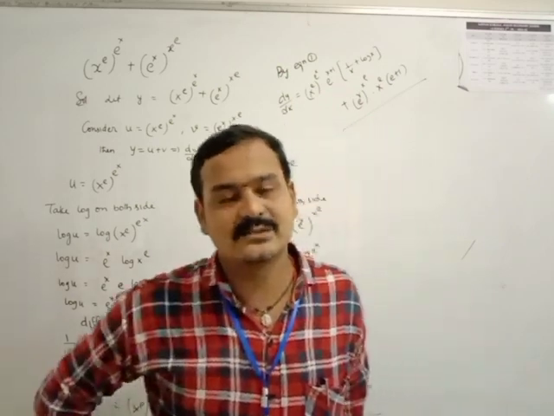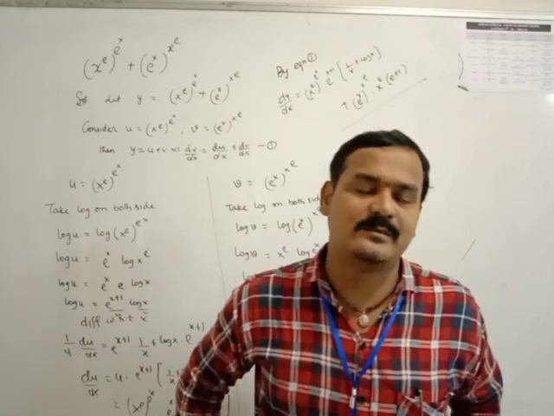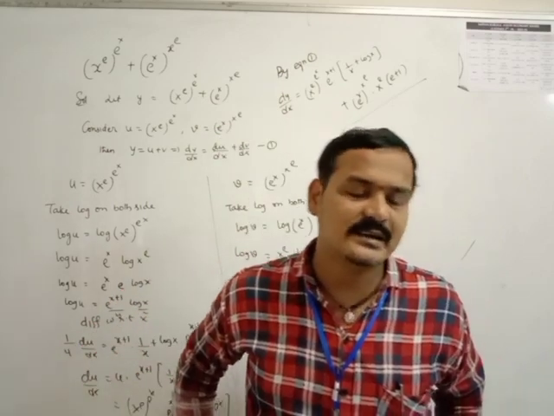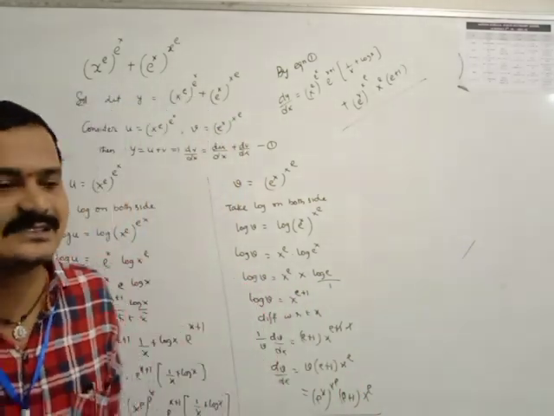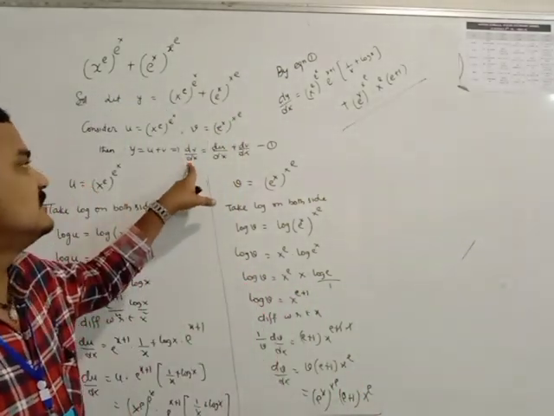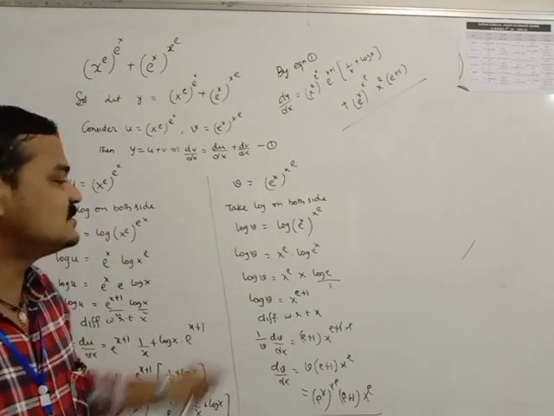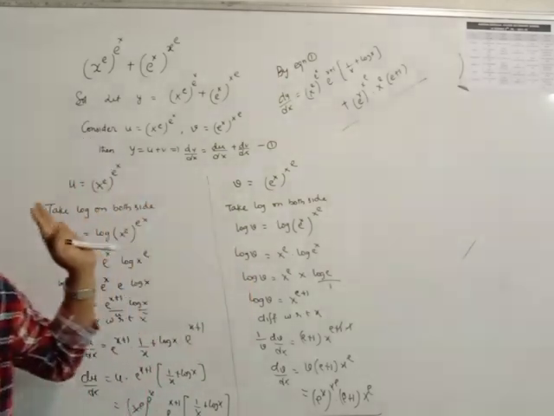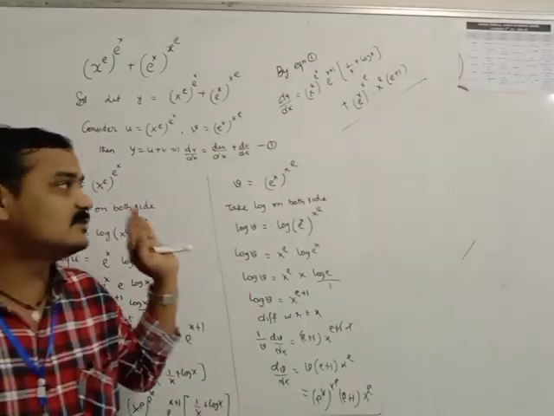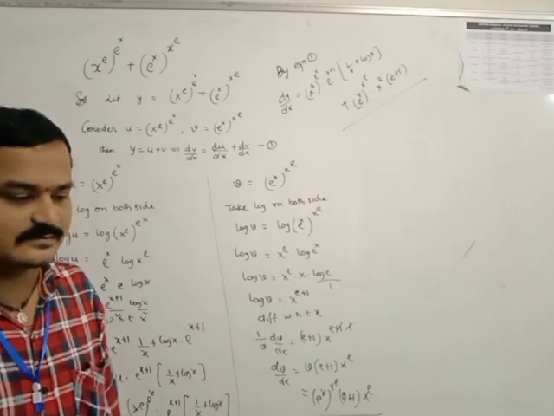In these cases you give the functions individual names like u, v, w, and use the algebra of differentiation, that is, dy by dx is equal to du by dx plus dv by dx. Now individually you can find them and finally substitute. Very important questions and a very important concept are here, so learn this one too.